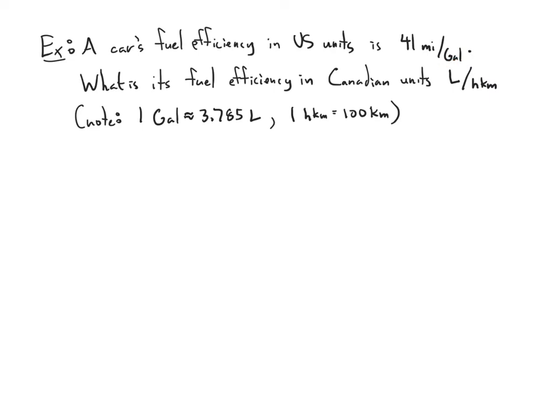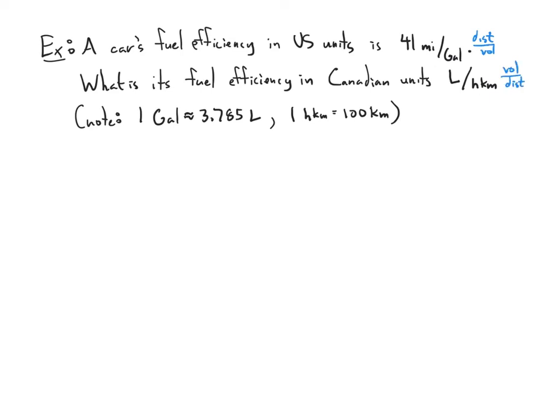Whereas Canadian fuel efficiency is given in liters per 100 kilometers, and this is the opposite. This is volume per distance. So note that: this is distance per volume, and this is volume per distance.